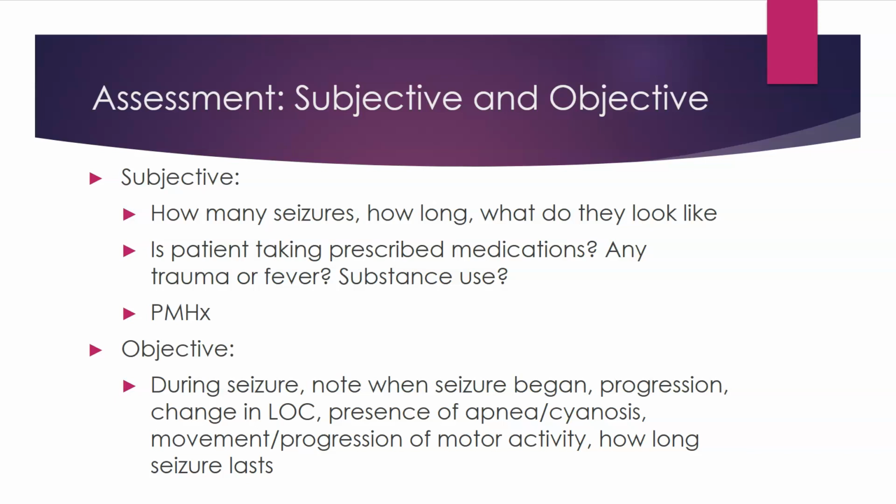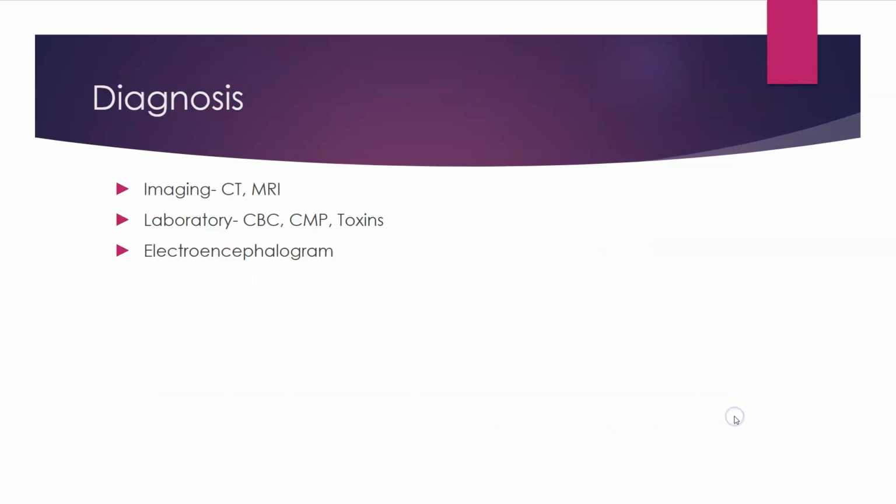Was it eye twitching? Lip smacking? Hand or leg? Did it progress? Did it change? Did it start and stop? Were there periods in between where they didn't have seizures? Any apnea, cyanosis, loss of bowel or bladder? All these things are important to document when you're caring for somebody who's had a seizure disorder, or a seizure, I should say.